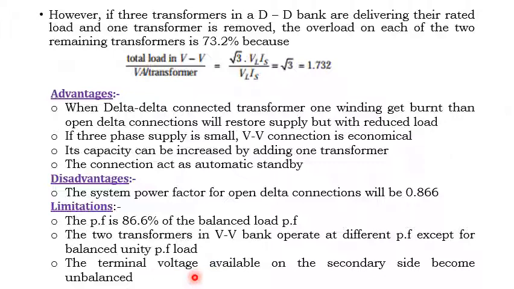So the terminal voltage available at the secondary will be unbalanced. So these are some limitations you can observe here. So this is about the open delta connection or VV connection of three-phase transformer winding connection.